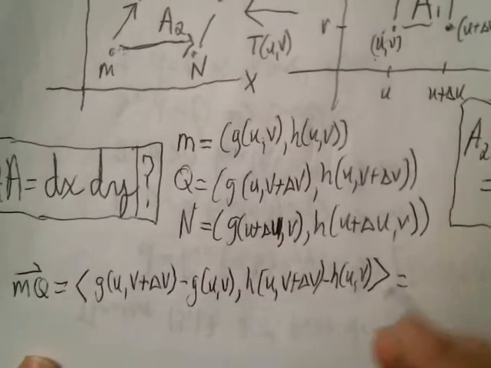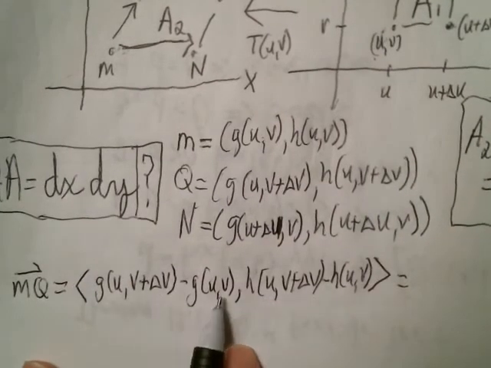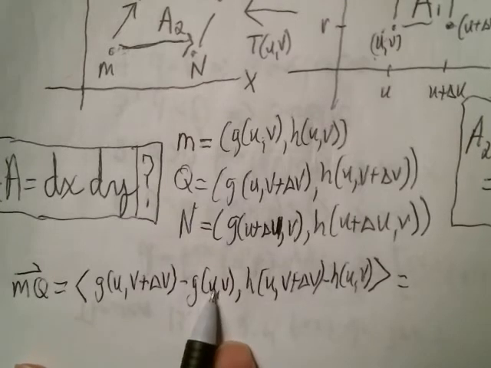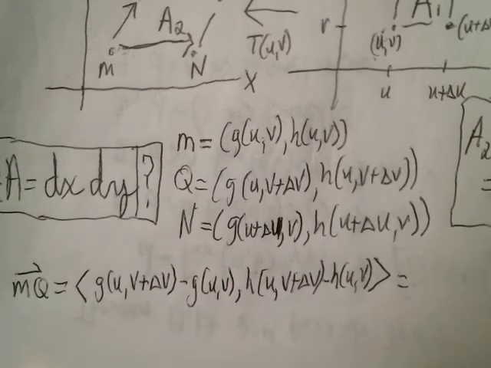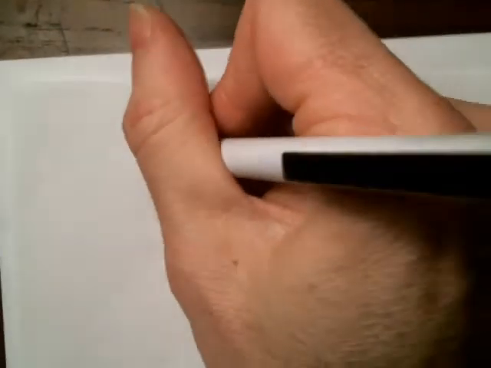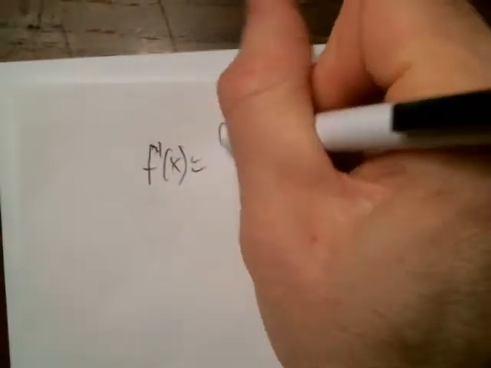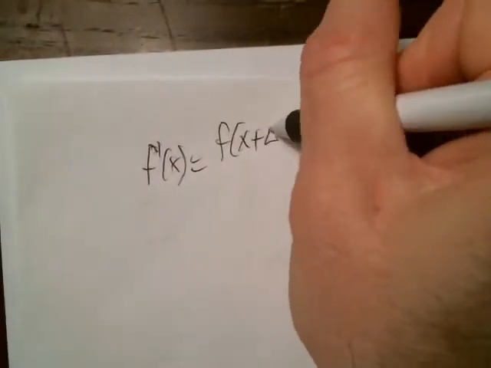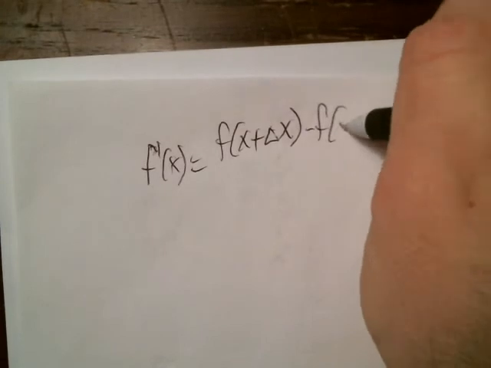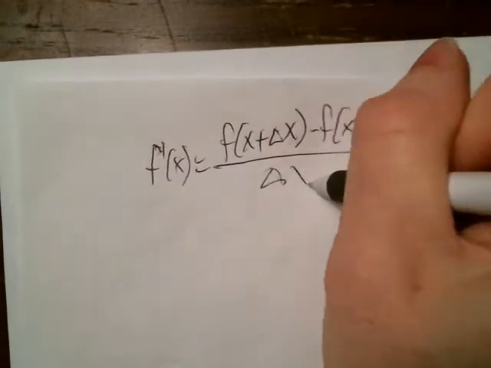Okay, so why is this cool? Look at this guy. The numerator is the difference quotient for the partial derivative of G with respect to v. Okay, so remember difference quotients, right? We started out in Calc 1, noting f prime of x was equal to f of x plus change in x minus f of x all over change in x.